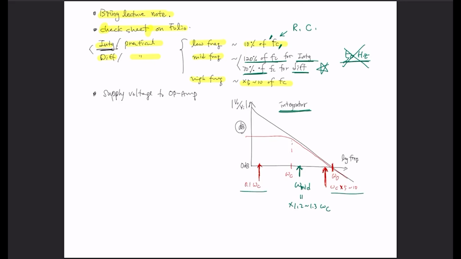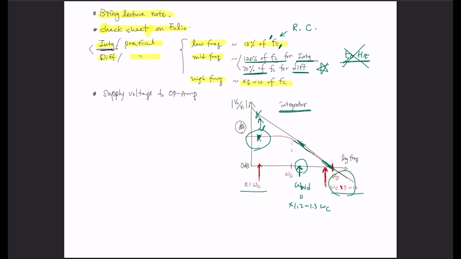Again, for the low frequency, your response is different from the ideal case, so you expect that your output is not being clearly integrated. But for this frequency and for the high frequency, the curve follows the ideal case. So you expect that your signal is integrated correctly.